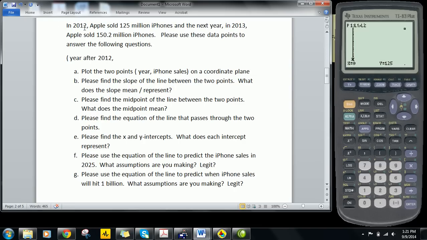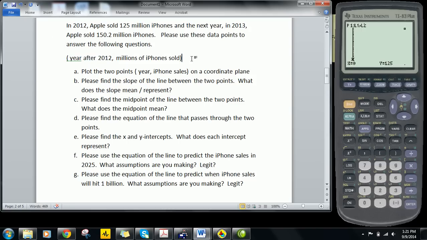And the Y value was going to be the millions of iPhones sold in that particular year, right? So we're establishing two ordered pairs that relate the year after 2012 to the millions of iPhones that were sold during that year, okay?